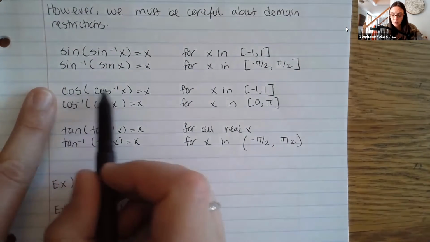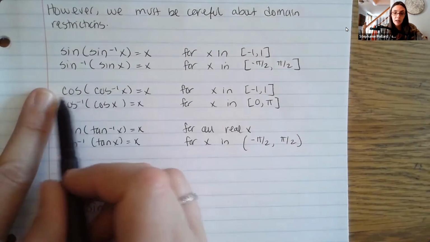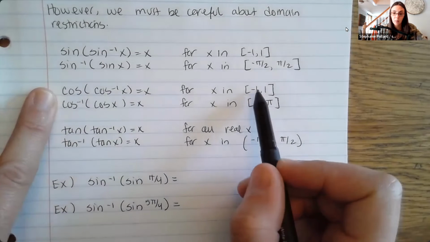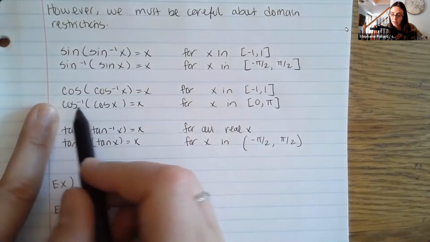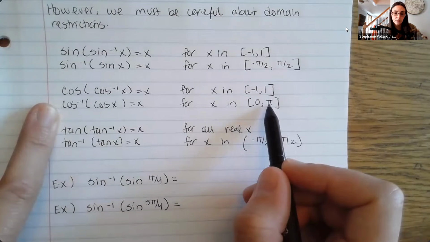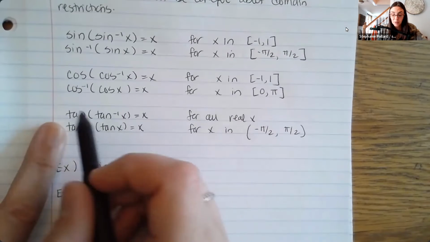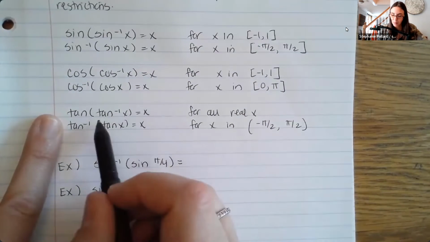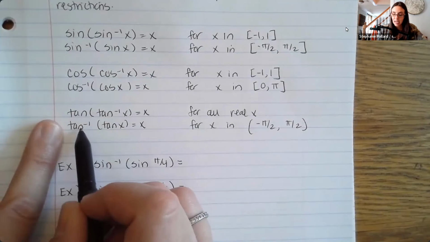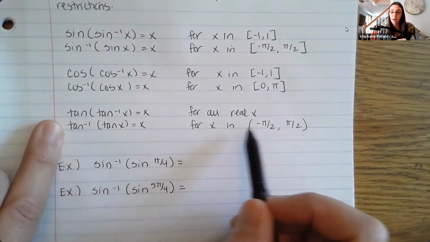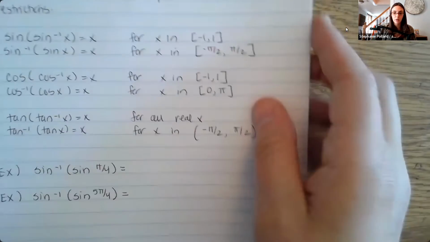So when we're composing with cosine, if cosine is on the outside, our x values have to be between negative 1 and 1. Or when the inverse function is on the outside, our x values are between 0 and pi. And then for tangent, the first one's really nice. Your x value can be anything, so we don't have to worry about it here. But if your inverse function is on the outside, it's only valid between negative pi over 2 and positive pi over 2.